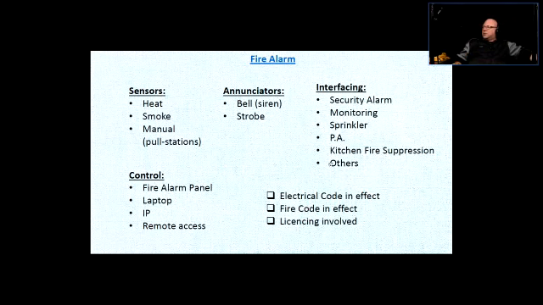The fire alarm can also be interfaced with the PA system, so the fire alarm could have an audio circuitry connected to a microphone or connected to a phone system from which the audio can be distributed towards the whole facility.